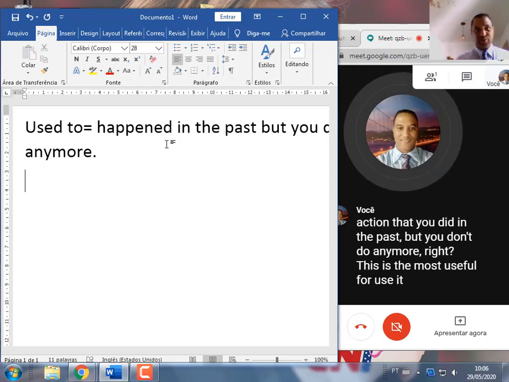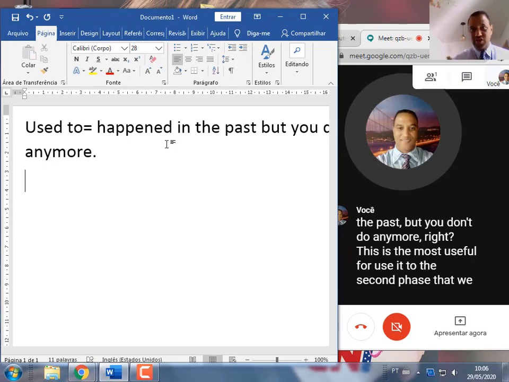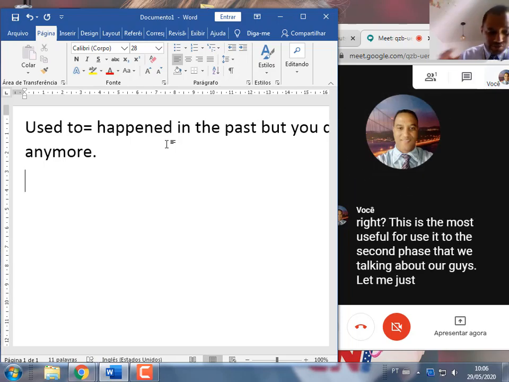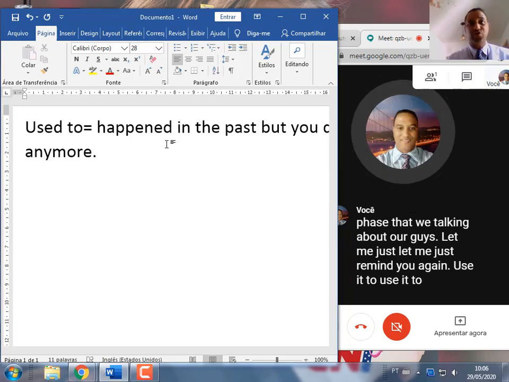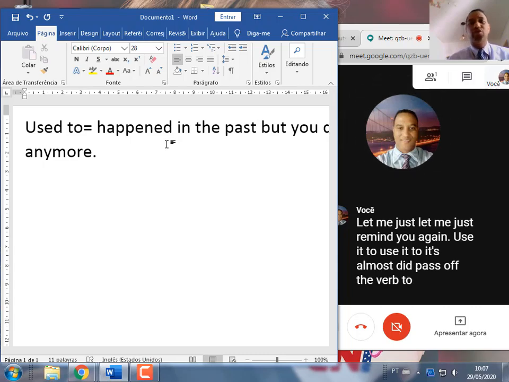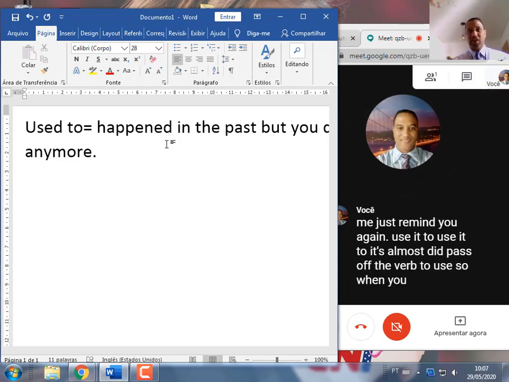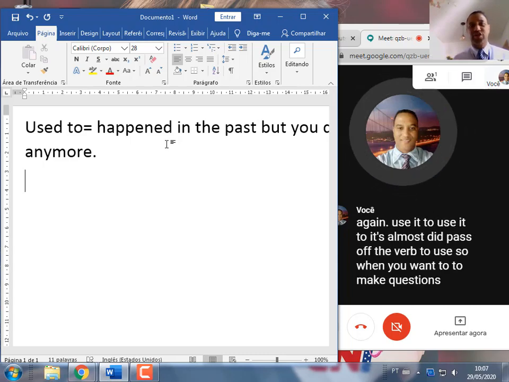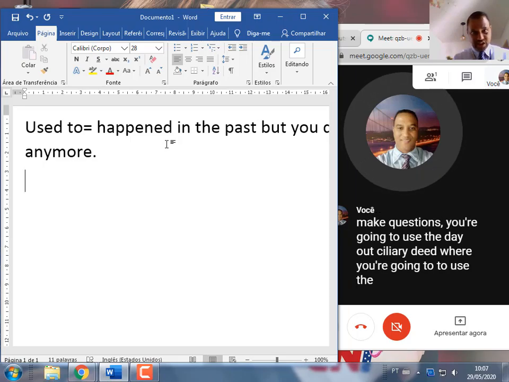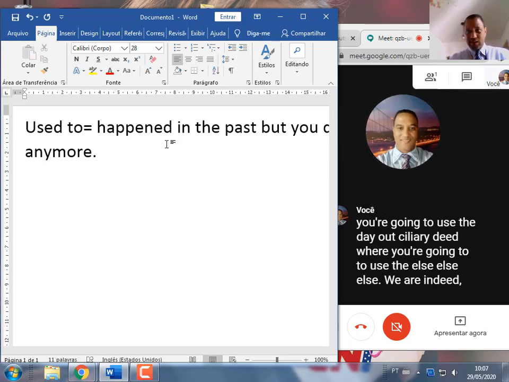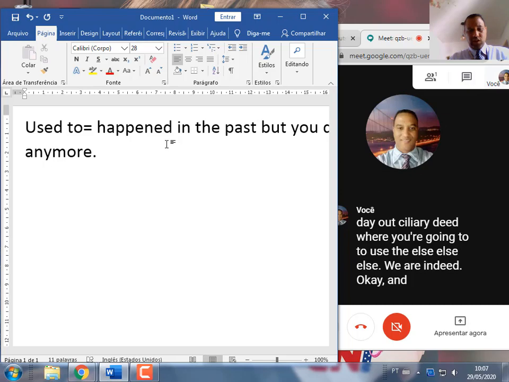This is the most useful use of "used to". The second thing, let me remind you again: "used to" is almost the past of the verb "to use". So when you want to make questions, you are going to use the auxiliary "did", and you don't put "ed" at the end.